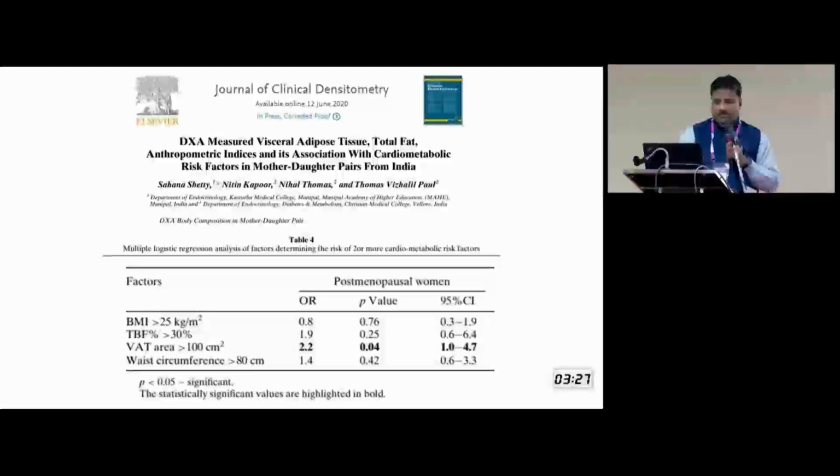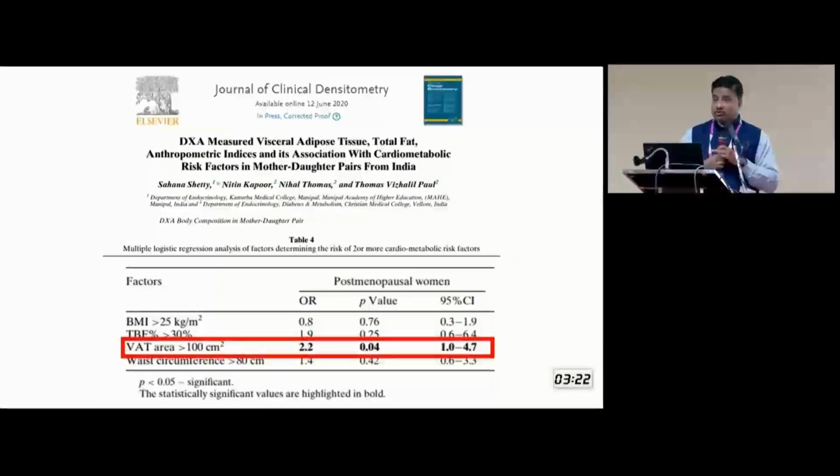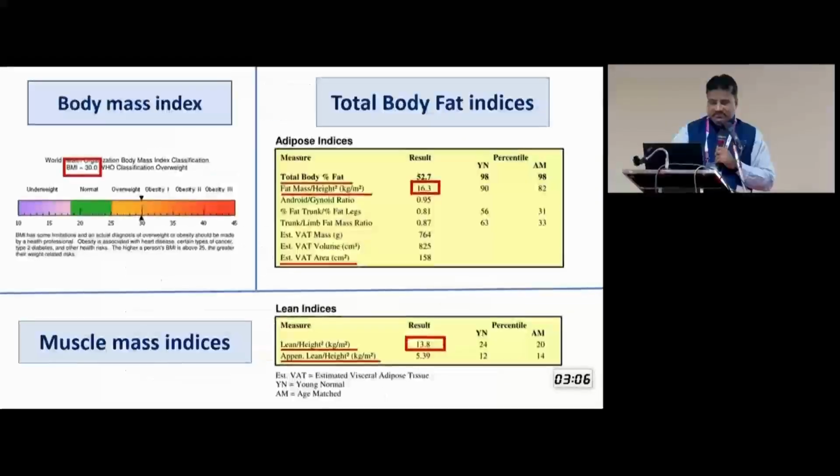This is a study from our center led by Sahana, looking at mother-daughter pairs, and we showed that if the VAT area is more than 100 centimeters square, the odds of developing a cardiometabolic problem is 2.2. So that's the threshold which is prescribed. VAT area normal would be less than 100, abnormal would be more than 100 centimeters square.